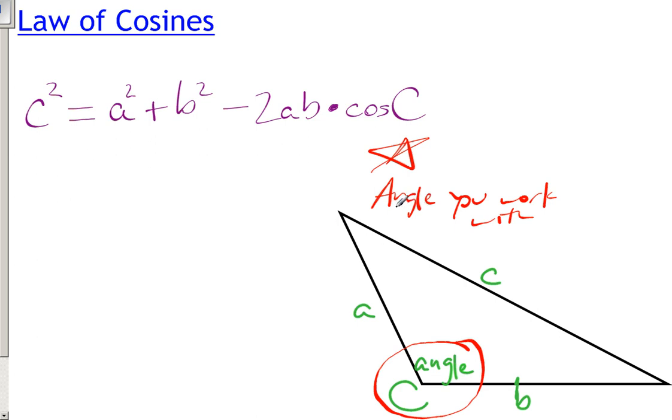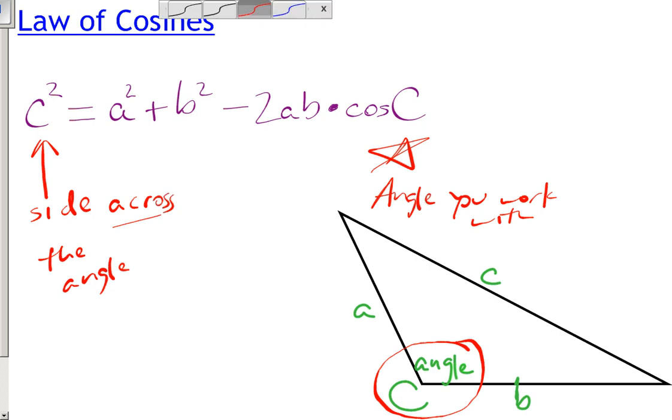So always start with the angle you work with, and then here's what the other letters mean. Don't forget, side C is always across from the angle you're working with. So side C is the side across from the angle you work with.